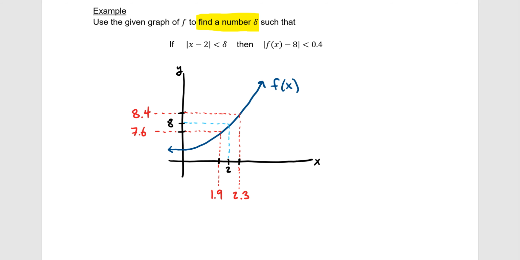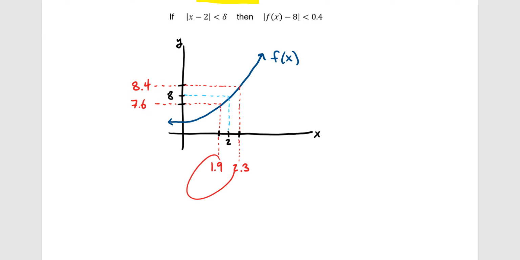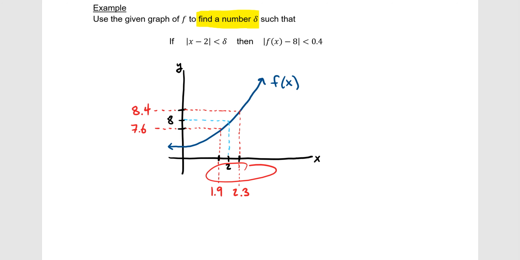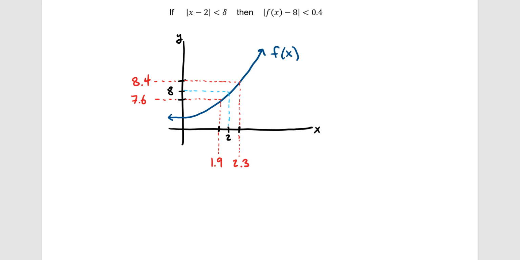So we can see that the L is 8, so here is 8, and then we add epsilon, we get 8.4. We subtract epsilon, we get 7.6. They correspond to x values of 1.9 and 2.3 around our a value of 2. So if we want a value delta, then all we have to do is find which distance is shorter.